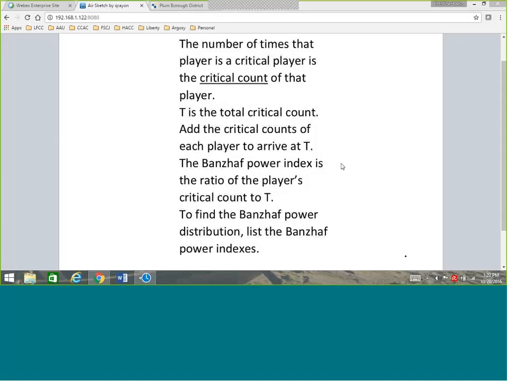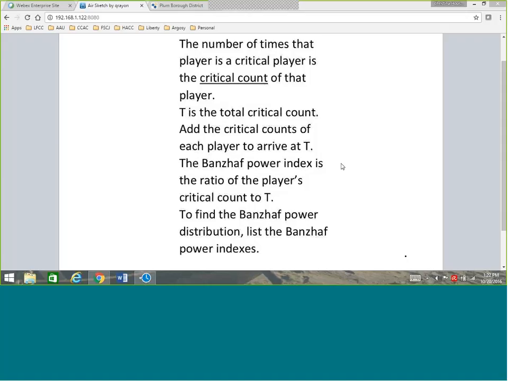So you find the power index for each player, and if you list them all next to each other, that's called the power distribution. So to find the power distribution, you're not really doing any calculations. You're just listing all of the Banzhaf Power Indexes together. So it just depends on the wording. If it wants you to find the Banzhaf Power Index for player 1, that's going to be writing 1 ratio.